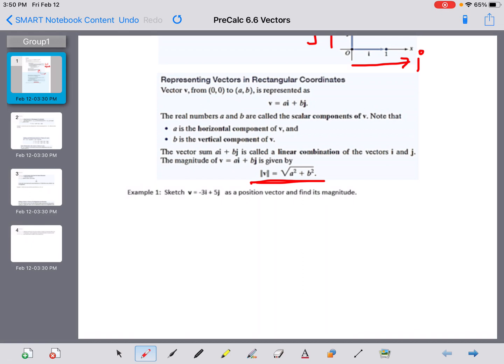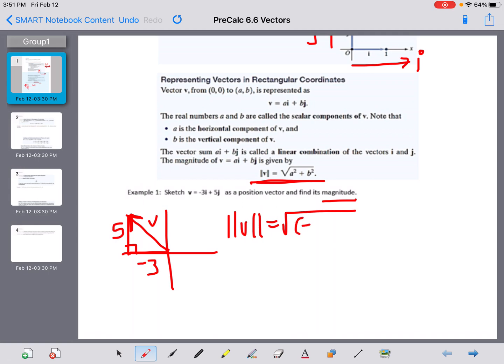Let's say you have negative 3i plus 5j. If you think about where this is going, I went to the left, negative 3. I went positive 5. That's what my i and j keep: horizontal and vertical. I want to find its magnitude, its size. How far did it go from 0? It looks like our r. So the magnitude of v is going to be the square root of my negative 3 squared plus my 5 squared.